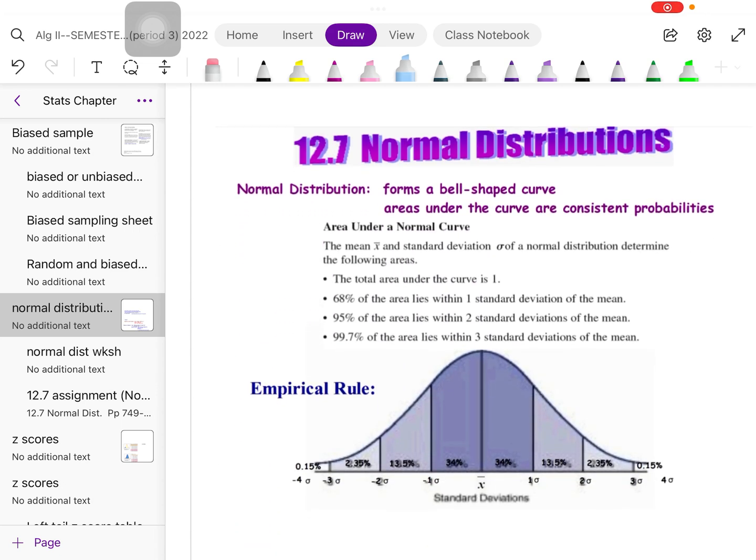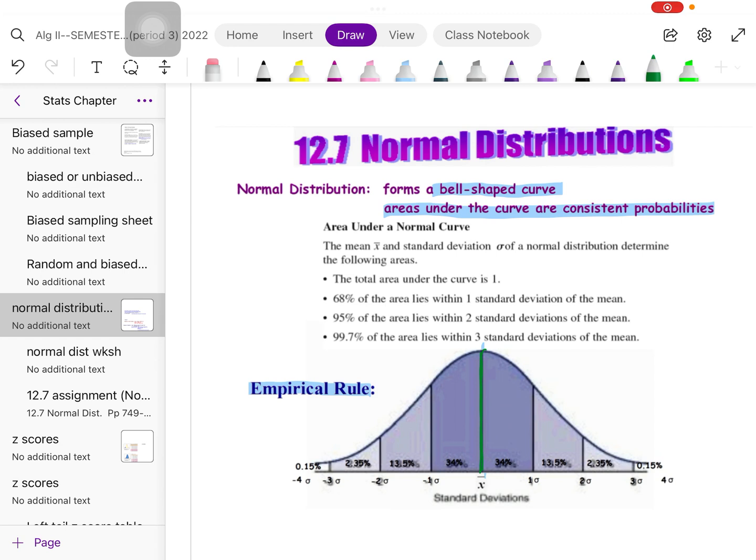So normal distributions, again, have a bell-shaped curve, and the areas under the curve are consistent. They are equal. So when you do a normal distribution, it usually follows what we call an empirical rule. Right in the middle is your mean.